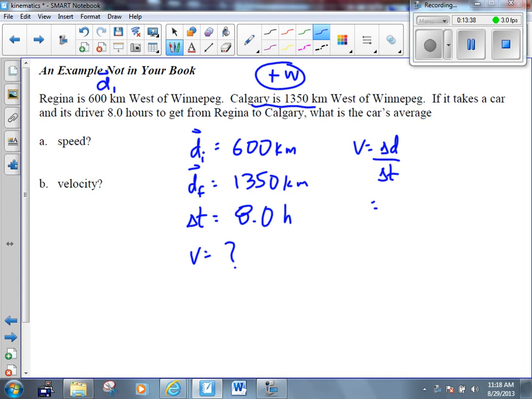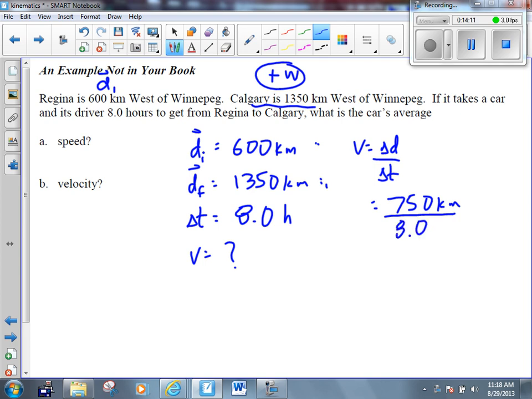Somebody told me a few minutes ago when I started at 3 meters from the front of the room and I ended at 9 meters from the front of the room, two different positions, then we had to subtract those numbers to get the displacement. These are positions, right? The total distance traveled is not 1,950 kilometers. The total distance traveled is 750 kilometers. Right? Two positions, subtract. Two displacements, add.